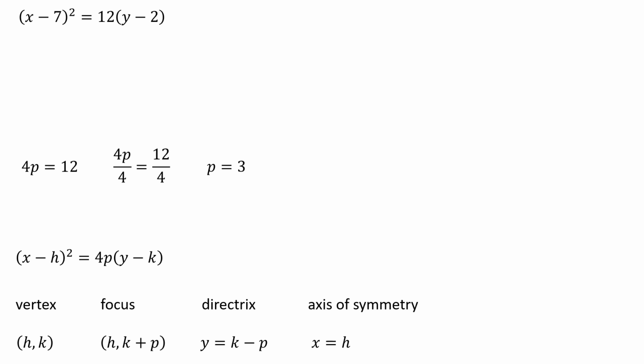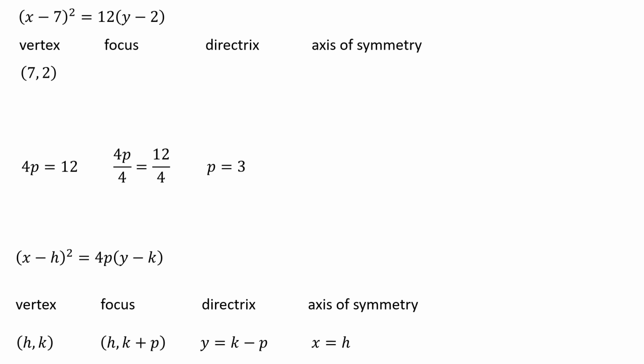So when I see that 12 in the equation I'm working on, I know that 12 has to be equal to 4 times p. I say, okay, if I divide both sides by 4, I can figure out that p has to be 3. So the vertex, I can read it right from the equation, 7, 2. Focus, again, this is a point, but I have to move p units from k.